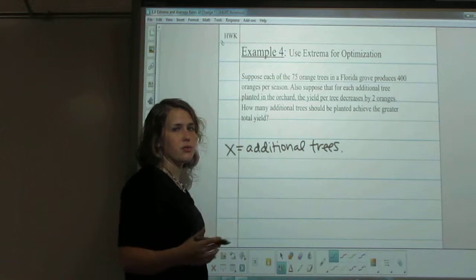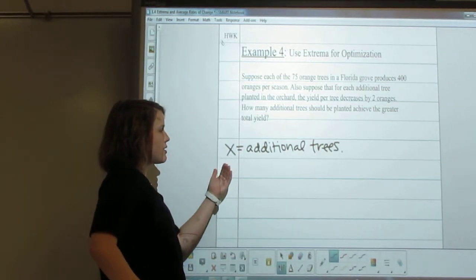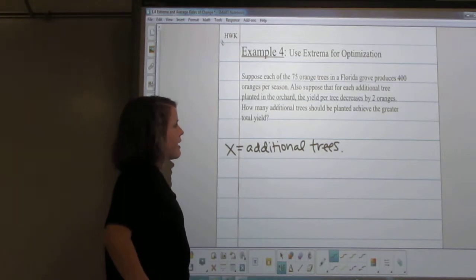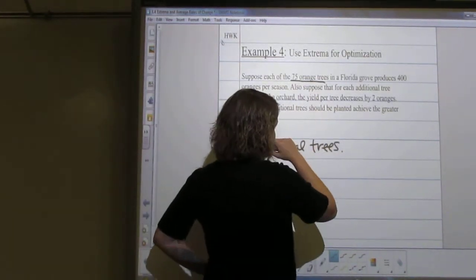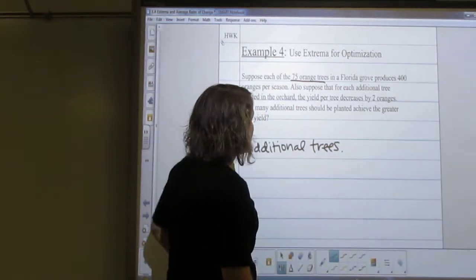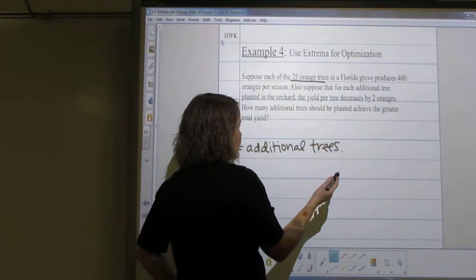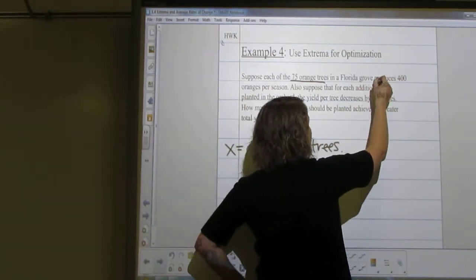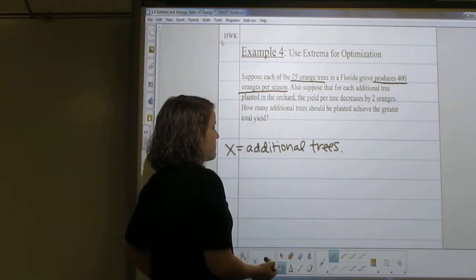That's what our question is. We want to know how many more trees we should plant. So x is going to be our additional trees. That's what we add to what we already have. So we have 75 orange trees already. We already have that much. Then we're saying we have an original amount of 75 orange trees, and those trees produce 400 oranges per season.